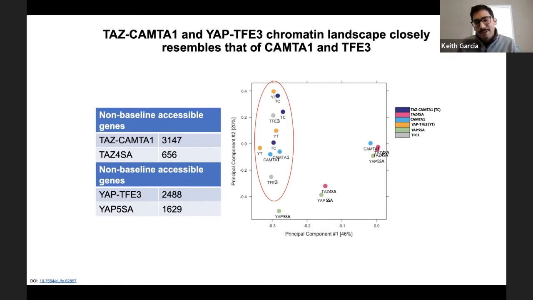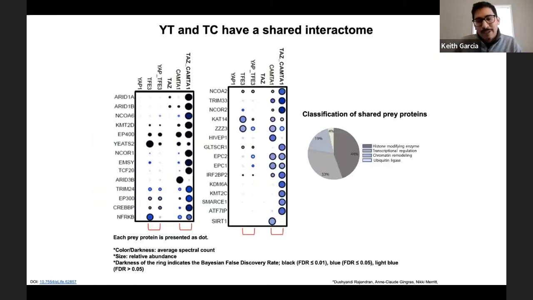And because we've had some understanding that wild-type TAZ and YAP are able to interact with epigenetic cofactors such as members of the SWI/SNF complex, we suspected that perhaps the C-terminal fusion partners may be providing additional protein-protein interactions with epigenetic cofactors. So to test this, we performed a BioID mass spectrometry screen in collaboration with Anne-Claude Gingras at the University of Toronto.